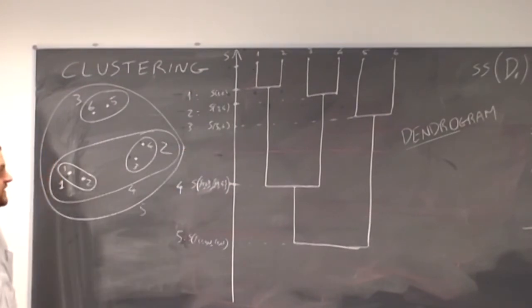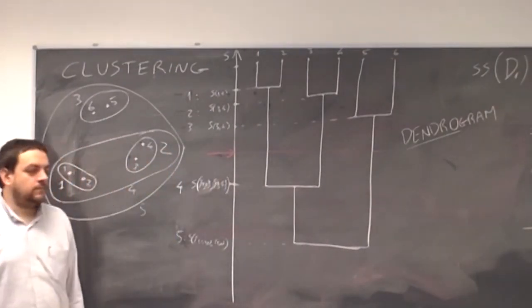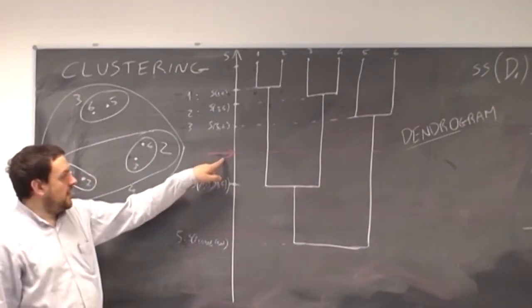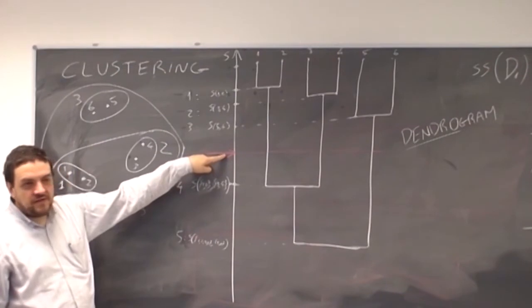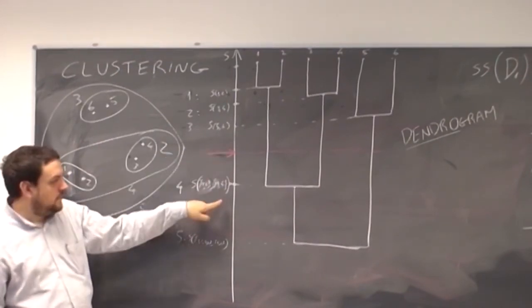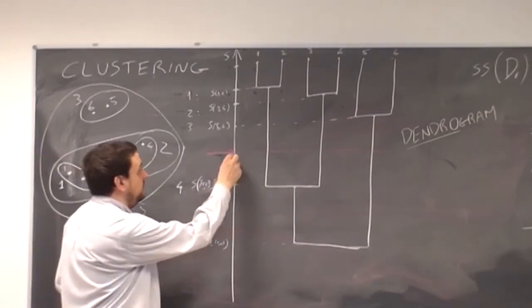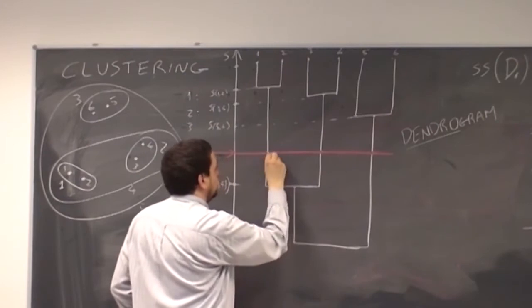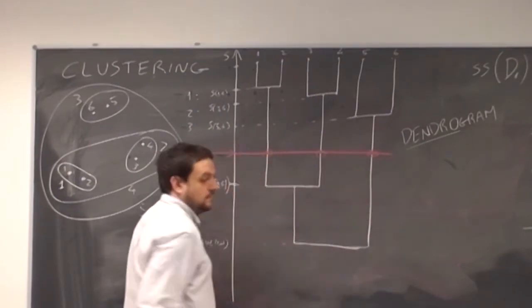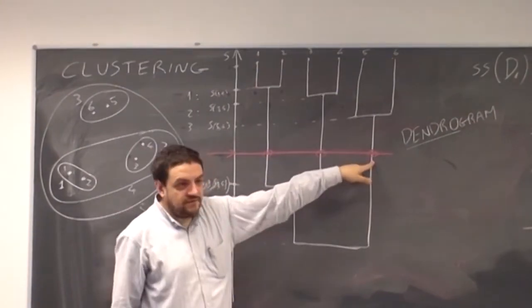So if you decide that you want all elements that are more similar than this to be grouped together, and all elements that are less similar than this to be in different clusters, if you take this section, you identify this clustering 1, 2, 3, 4, and 5, 6.